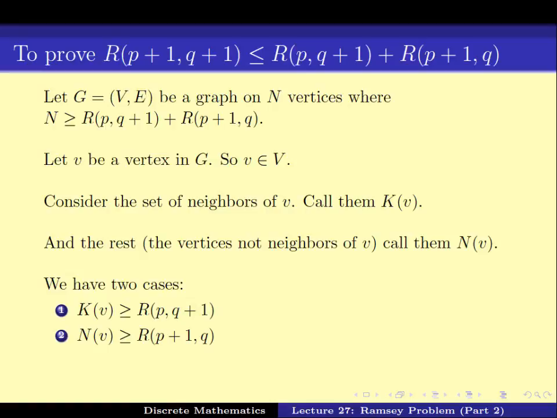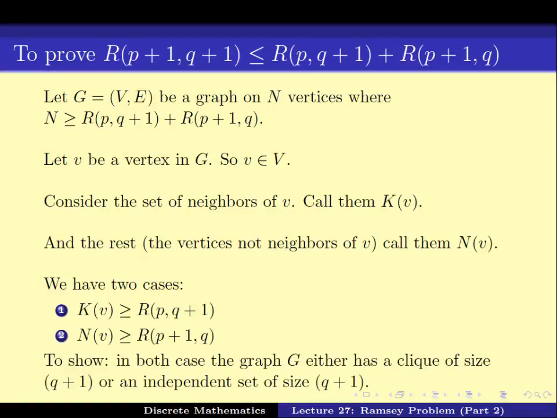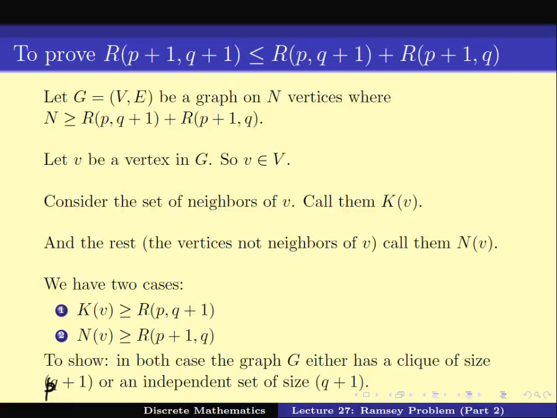If we can prove that in either case we have a clique of size p plus 1 or an independent set of size q plus 1, then we have proved that a graph G with n greater than this has either a clique of size p plus 1 or an independent set of size q plus 1.